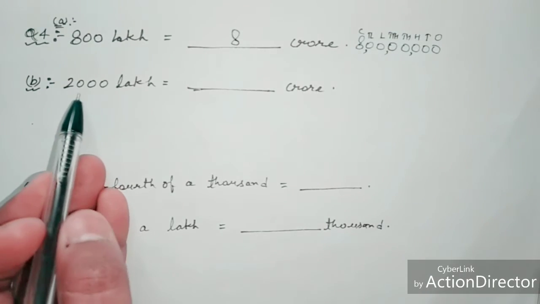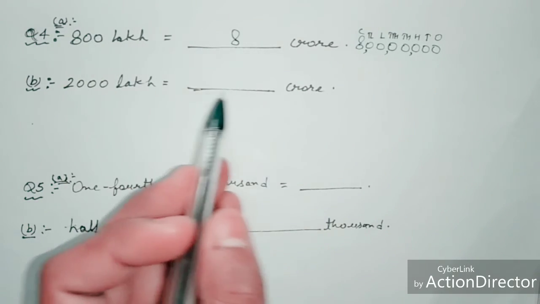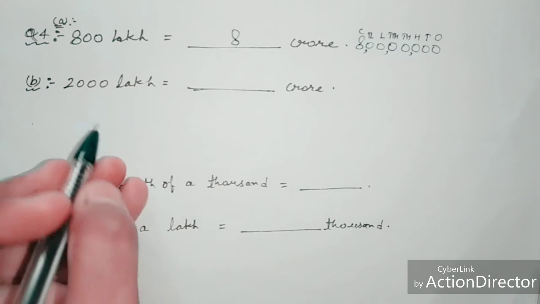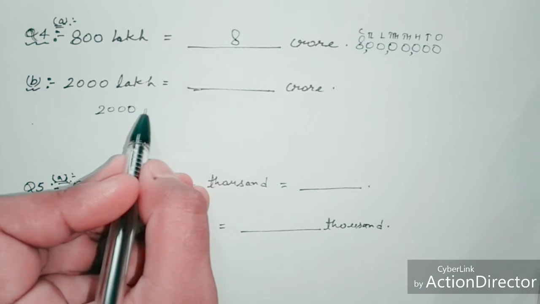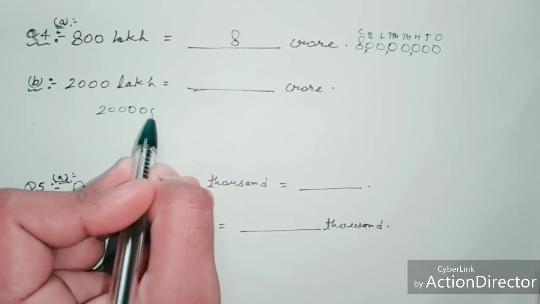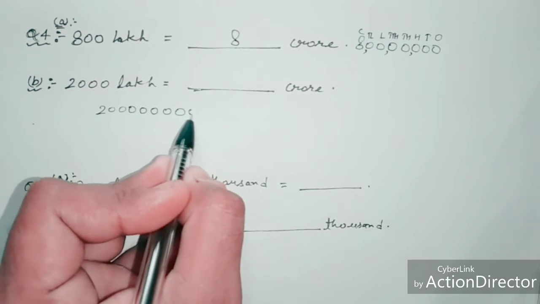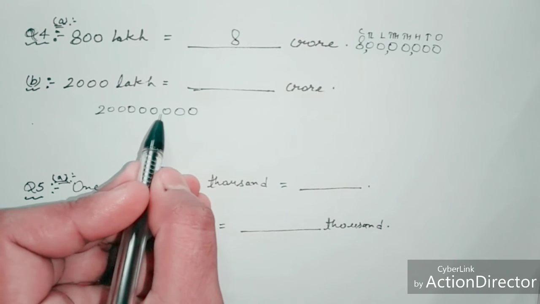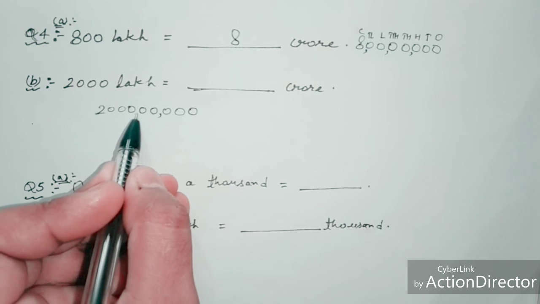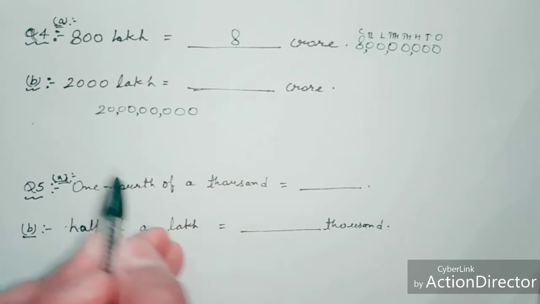Example number B. 2000 lakh equal to how many crores? So we write first 2000 lakh. So we put 5 zeros: 1, 2, 3, 4, 5, because lakh has 5 zeros. And now we put commas before 3 numbers, then 2 numbers.